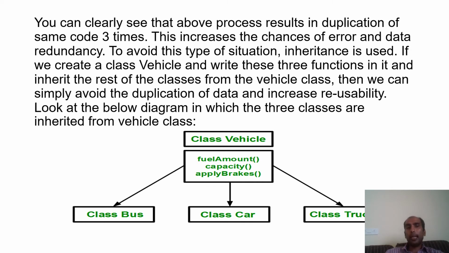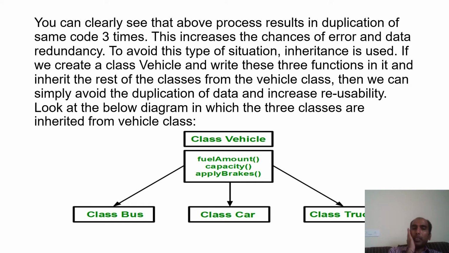If we create a class vehicle, write these three functions in it, and inherit the rest of the classes from the vehicle class, then we can simply avoid the duplication of data and increase reusability. So you can see the diagram. I have created a class vehicle which contains these three methods: fuel amount, capacity, and apply brake.